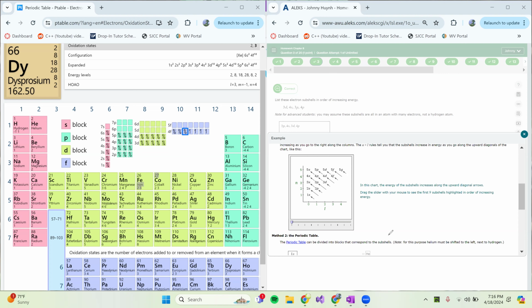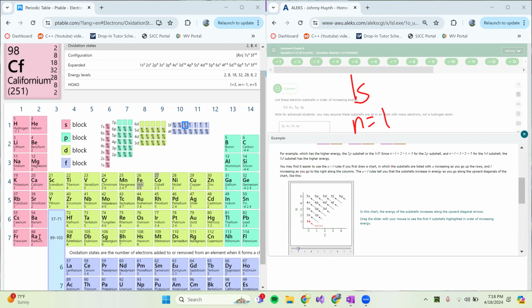You basically just remember 1s, and then n equals 1 plus the quantum number, s is going to be, what is that?